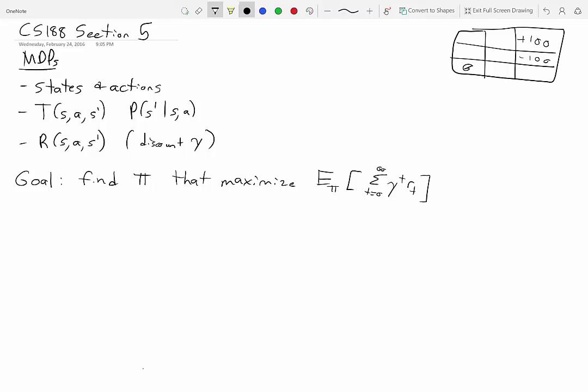So if we read this, we have our reward R, we have gamma, which is our discount, so it's between 0 and 1. And we sum over all time, and we need to take an expectation with respect to our policy pi because we have probabilities. Our transition right here, T of S, A, S prime, when we take an action, we're not sure where we go. So we need to do the expectation, the average.